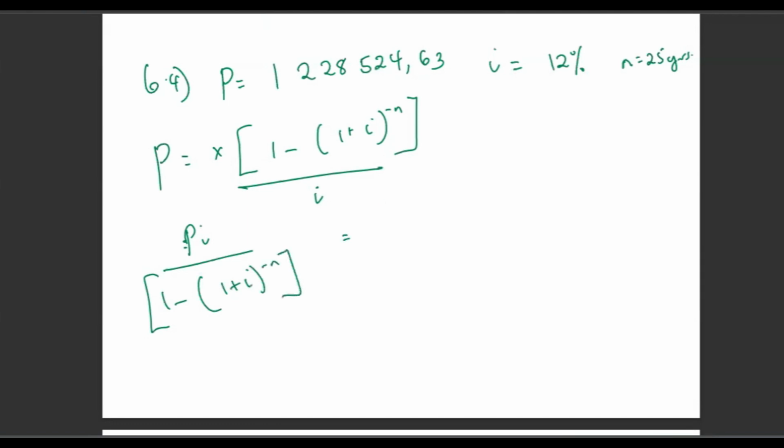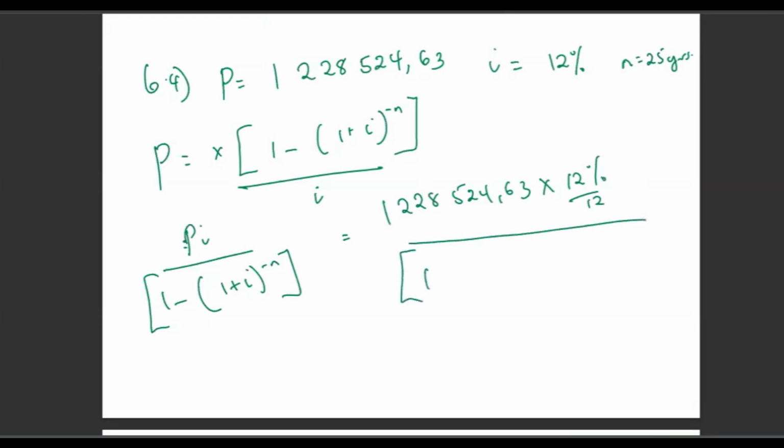Let's substitute: 1,228,524.63 multiplied by 12% over 12, over 1 minus 1 plus 12% over 12 to the exponent of 25 times 12, but negative.